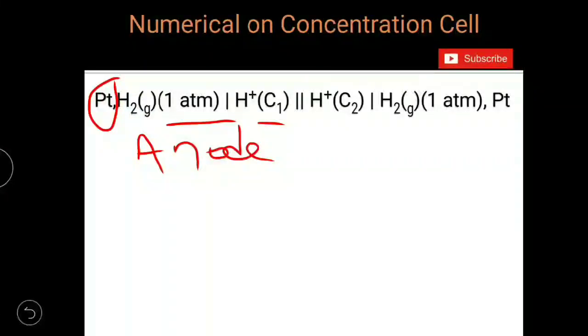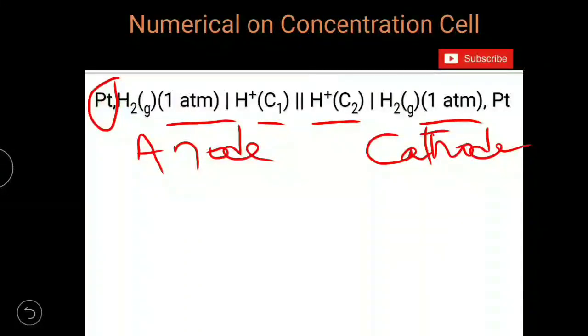Another platinum wire surrounded by hydrogen gas at a pressure of 1 atmosphere is placed in a solution of H plus ions whose concentration is C2, which acts as cathode. So concentration of H plus ions is C1 in anode and C2 in cathode.